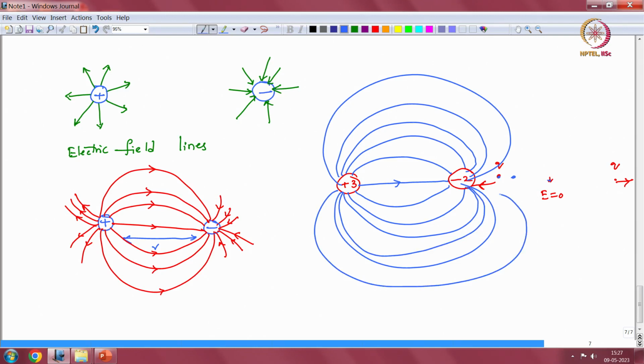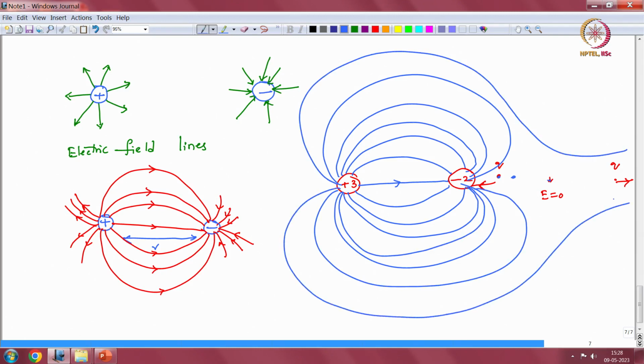And these flux lines will not intersect. Okay. And it will flow in this manner, and the direction will be from the plus charge it will go out, and from the minus charge it will come in. Okay.